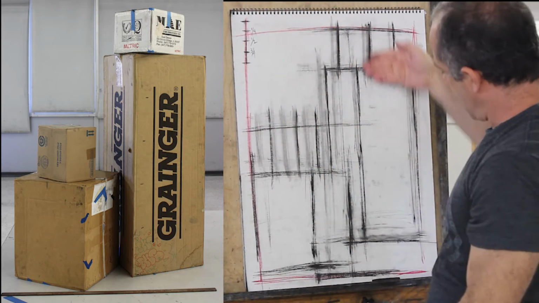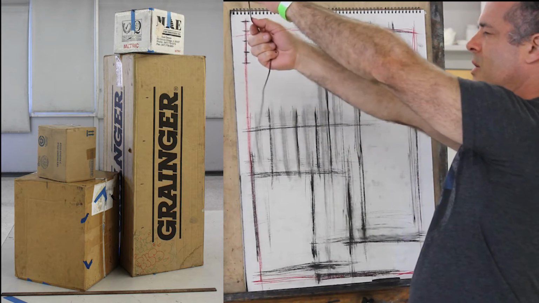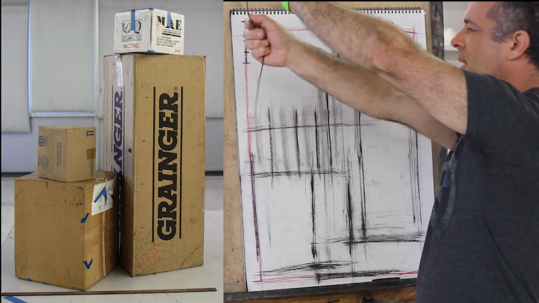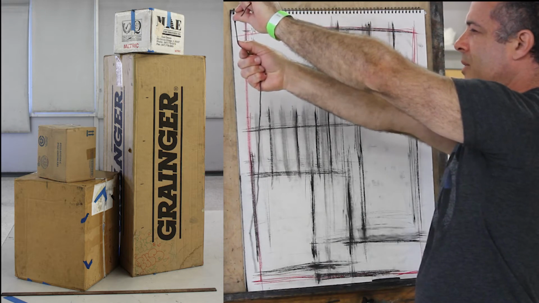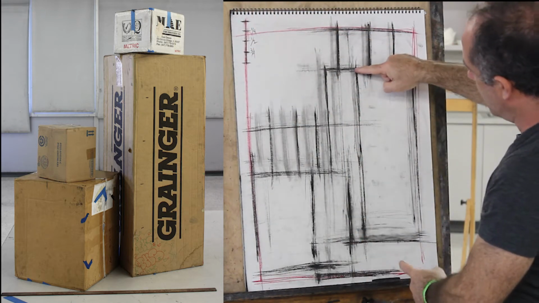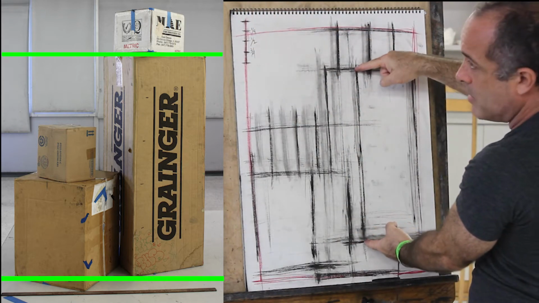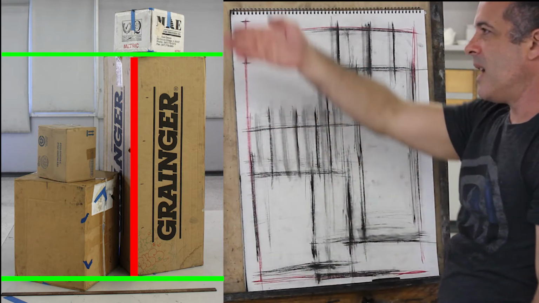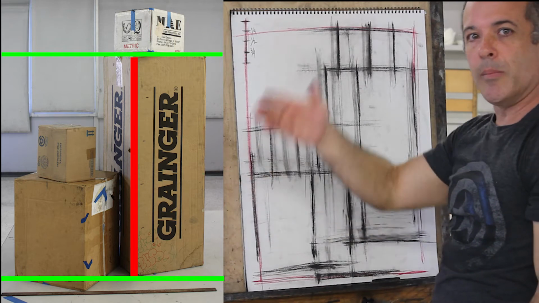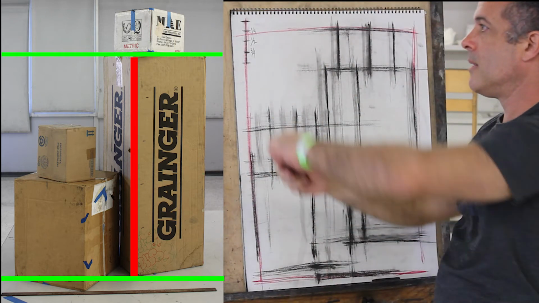I'm going to measure the height of the Granger box. So again, make sure I'm in the right place. Take my 1, count. I'm counting from here to here. I'm using the center line of the Granger box as a visual aid to help me measure the height.